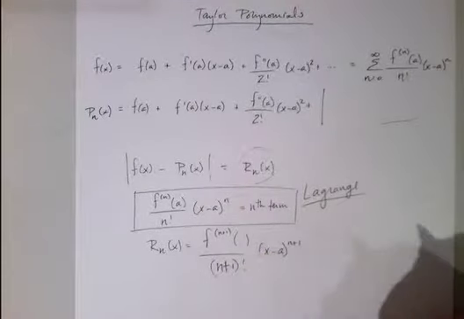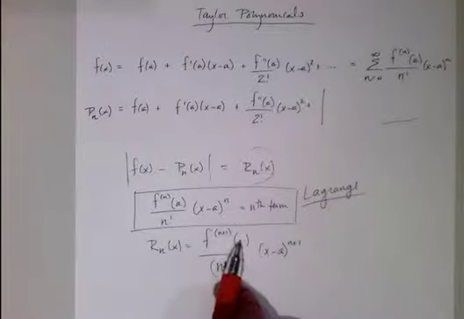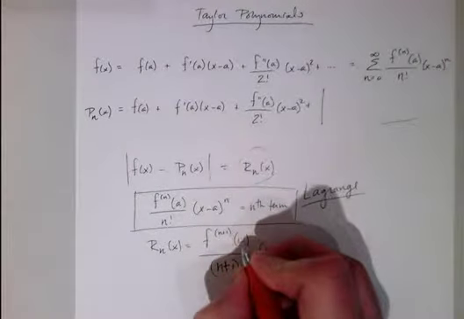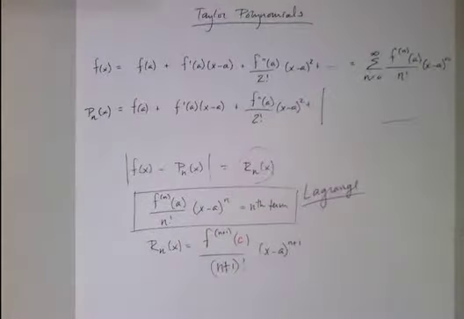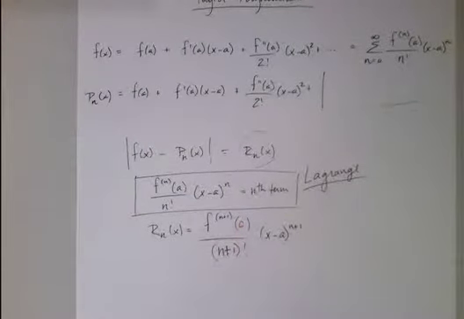So we have the n plus 1th derivative over n plus 1 factorial times x minus a to the n plus 1. The difference is I'm not going to put a right there because I don't necessarily want a. I want some number c, or some books actually put z right there. I want whatever value is going to maximize the n plus 1th derivative.